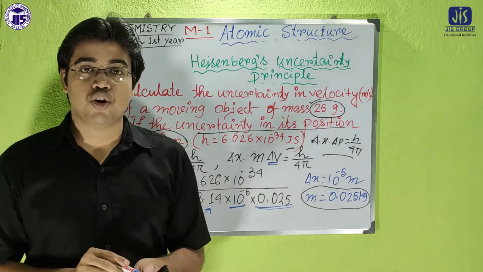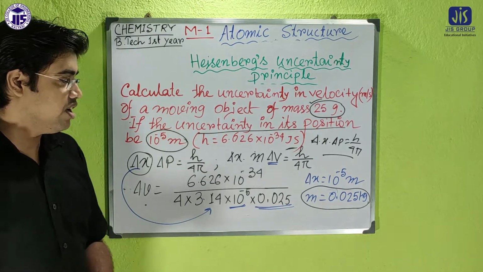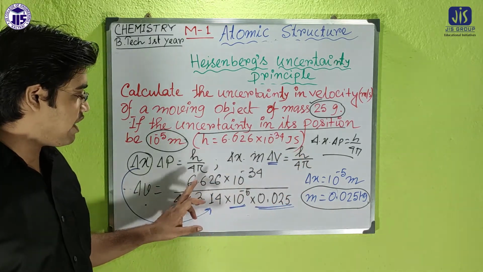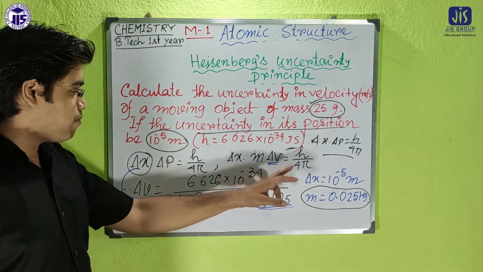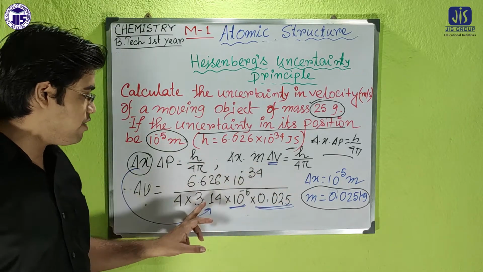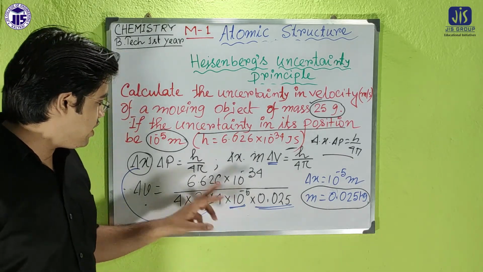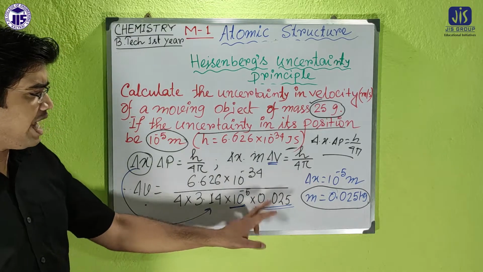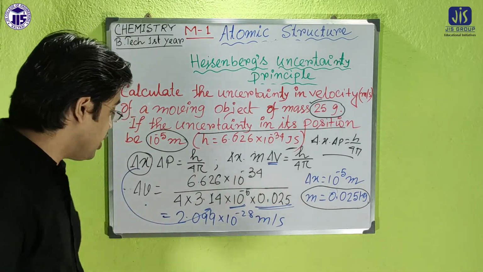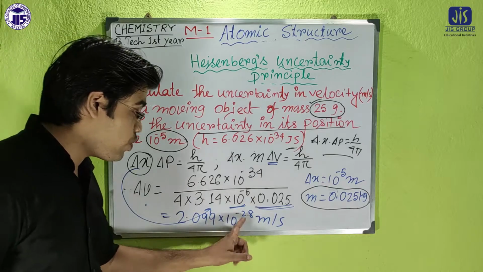Just put in the values of each term: h, the Planck constant, 6.626 into 10 to the minus 34, then 4 times pi, 3.14, 10 to the minus 5 for del x, and 0.025 for m. The answer will be 2.099 into 10 to the minus 28 meter per second.